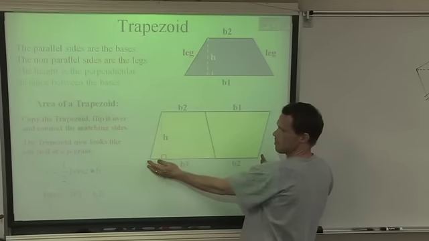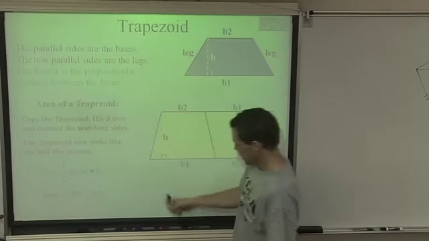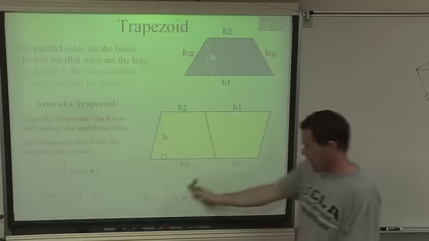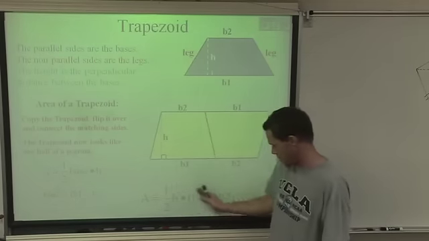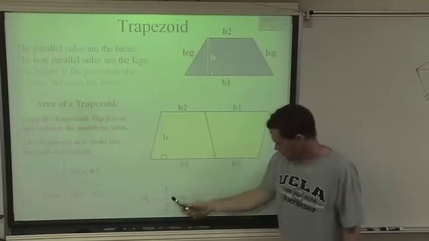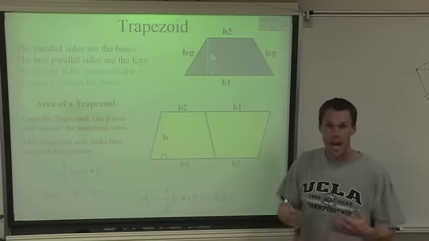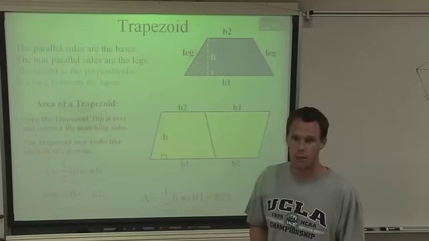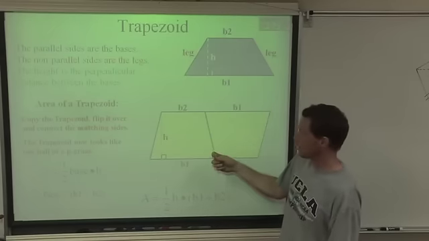So B1 plus B2 times H. Plug that into the formula, and what we ended up doing is just moving the height to the front. So instead of 1/2 base times height, it's 1/2 height times base: 1/2 H times (B1 plus B2). That is the derivation, or where the area formula for a trapezoid comes from. So let's see how we would use this in a few examples.